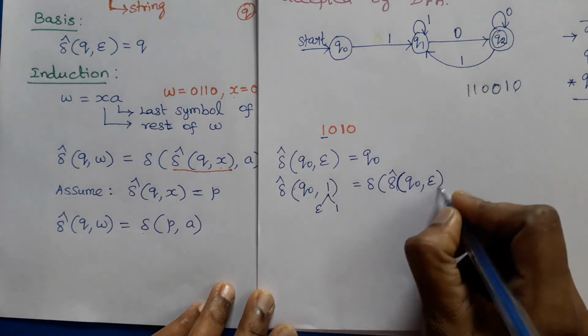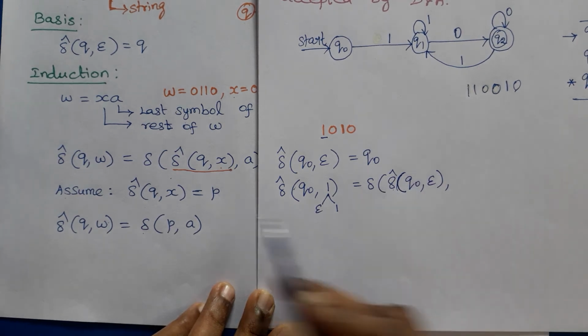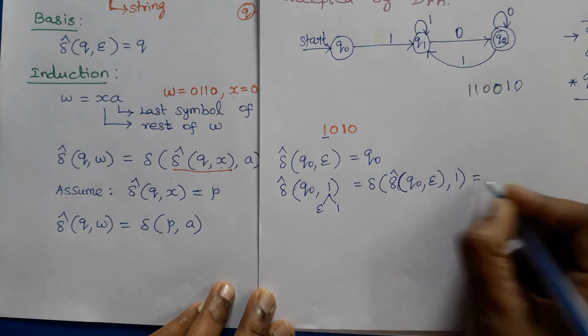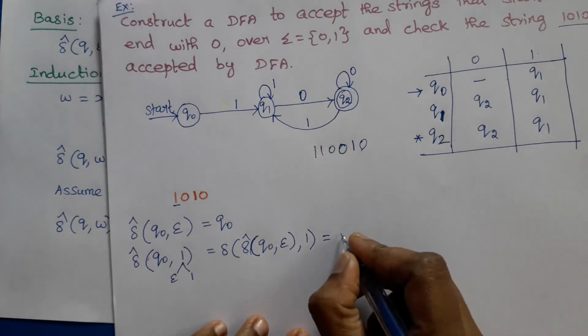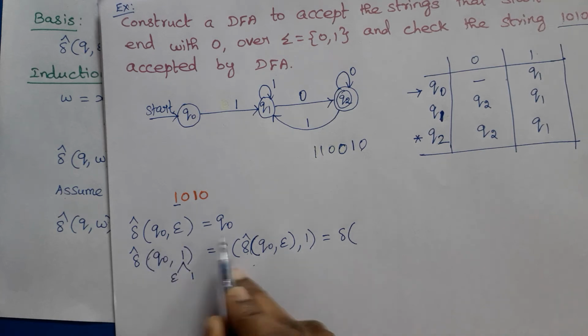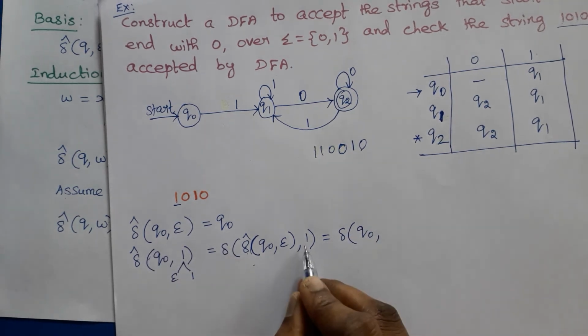So epsilon, delta cap of q comma x, here delta cap of q0 comma epsilon comma a. A means here 1. So delta cap of q0 comma epsilon is q0, that is found in the previous step. So q0 comma 1.